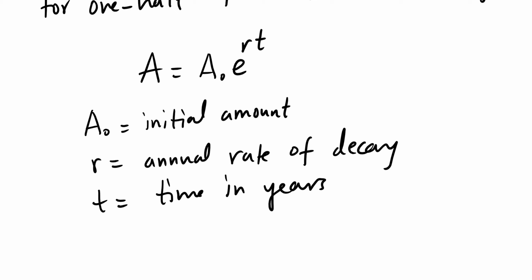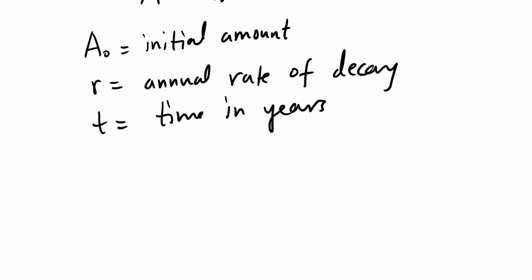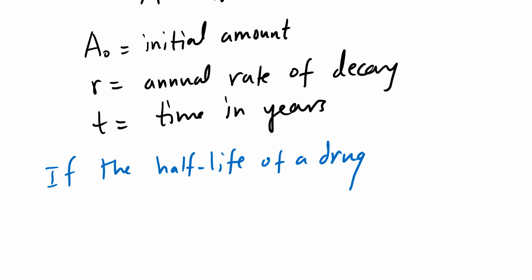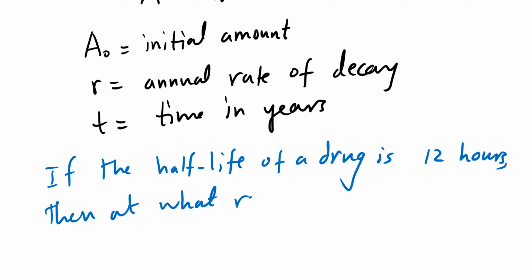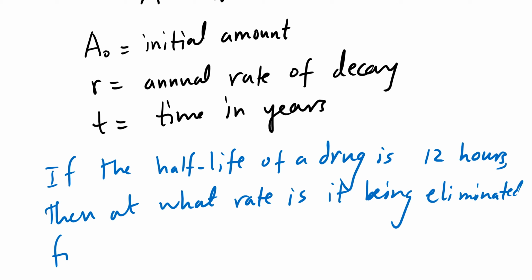Let's look at an example first. If the half-life of a drug is 12 hours, then at what rate is it being eliminated from the body?